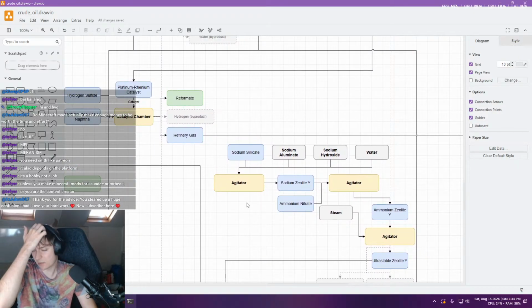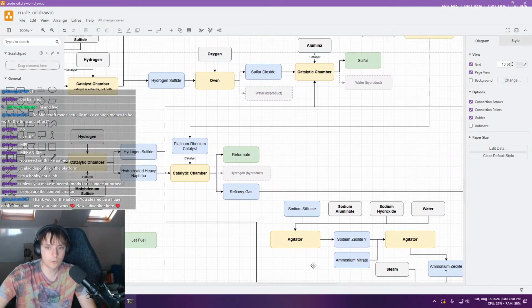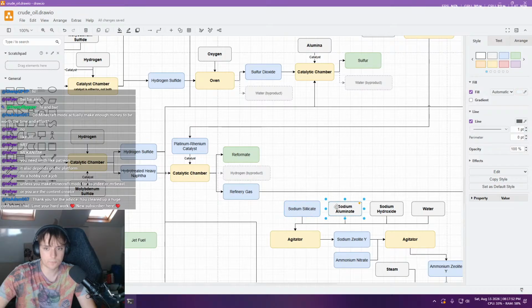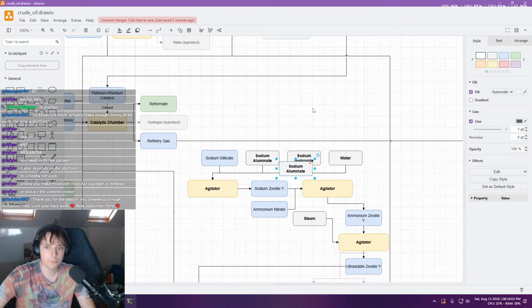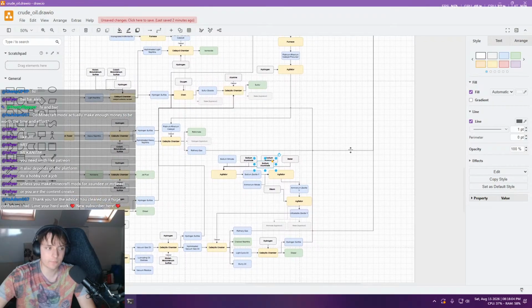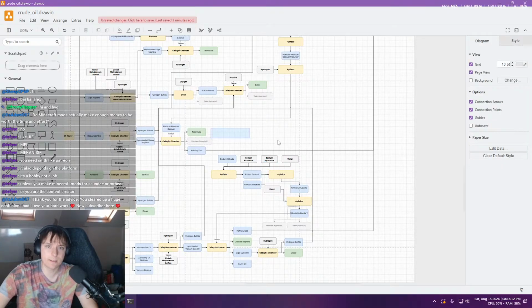Otherwise, it just gets a bit weird. Let's not overcomplicate things, right? So how are we even going to fit this in here? Okay, we'll just have to put it somewhere else and have it be a separate thing. Or we just have it come from a different thing. Or actually, there's enough space here.